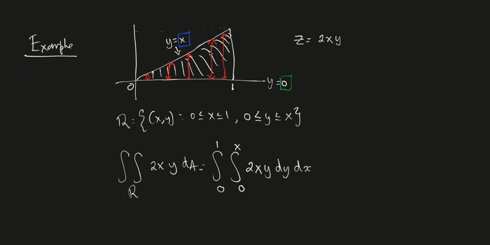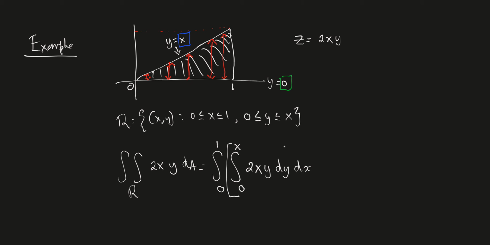The difference with the non-rectangular integrals is that we can't quite easily apply Fubini's and just switch them around, because as soon as we switch them around, we would be putting an integral with a variable limit last, and that doesn't work. That's not going to give us a number at the end of our process, right? It's not that it can't be done, but we can't easily change the order of integration.